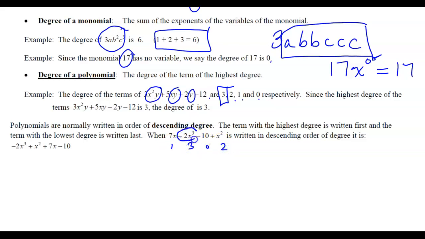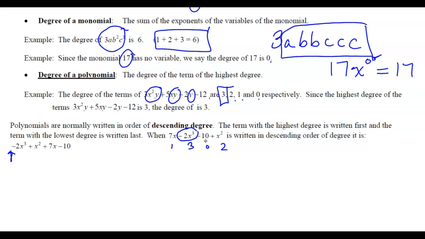So I take this term with the sign in front, so I have to copy out the negative 2x cubed. Then I have plus x squared, degree 2, plus 7x, degree 1, minus 10, degree 0. Okay, so that is descending order of degree.